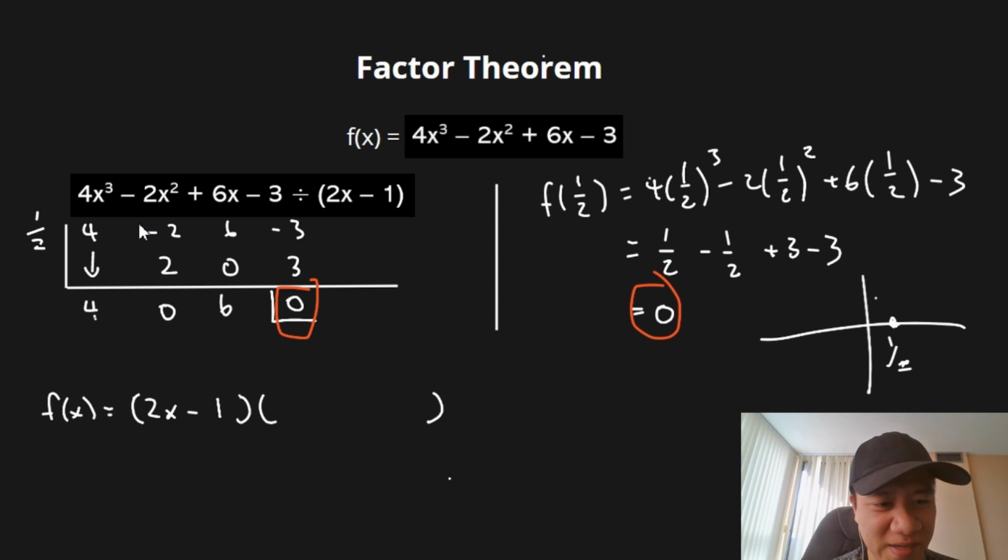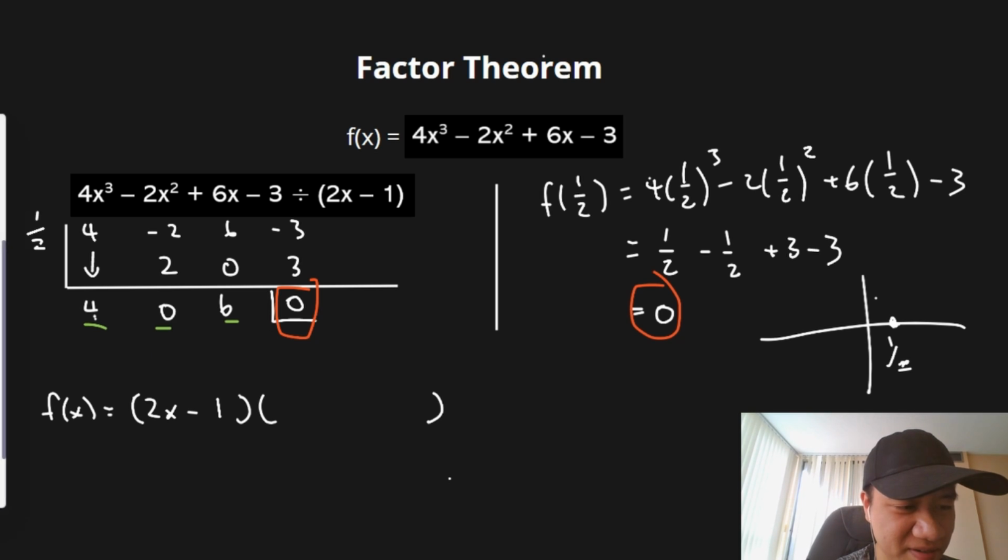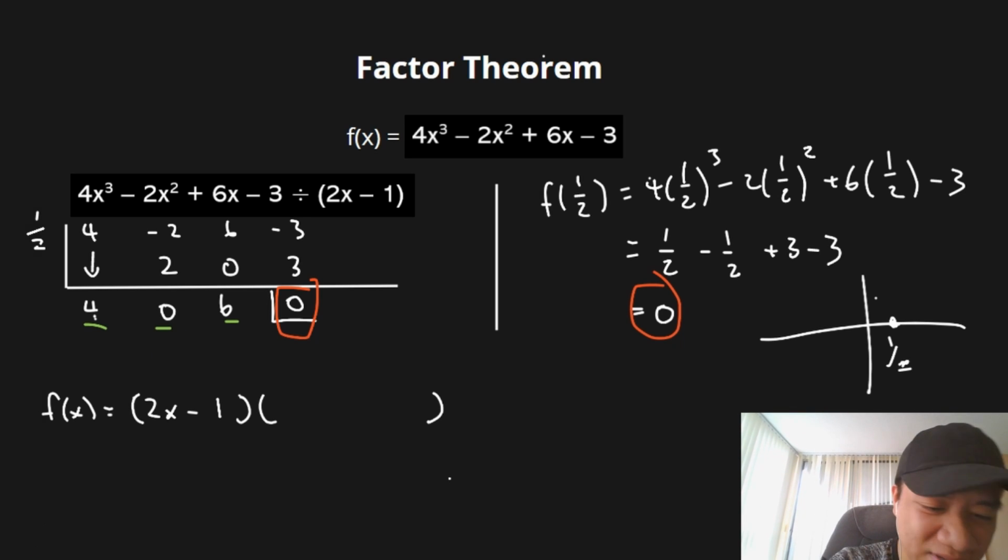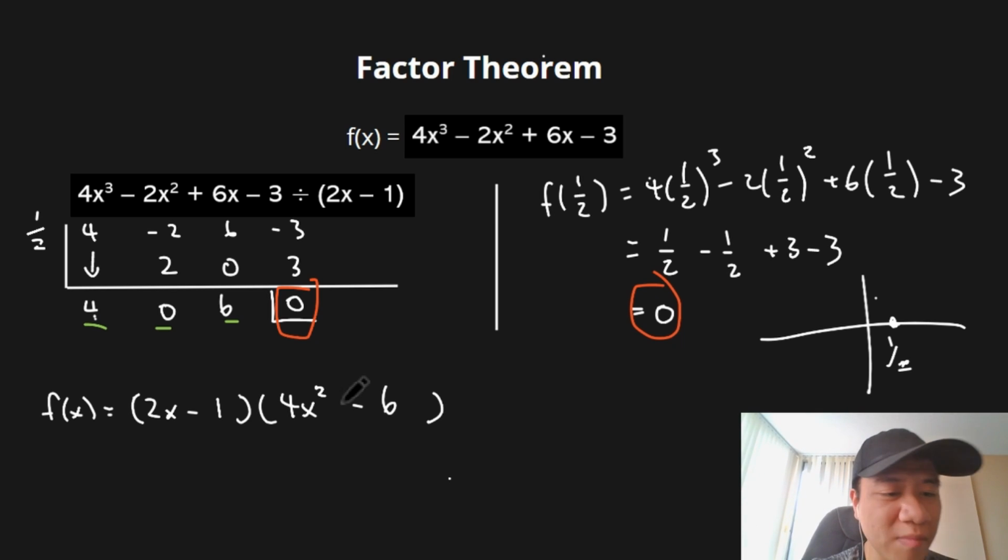Well, since we divided 4x cubed minus 2x squared plus 6x minus 3 by 2x minus 1, the result down here represents the quotient of our polynomial, if you remember from synthetic division. So the other bracket will actually come from these three numbers. So these ones will actually be 4x squared minus 6.